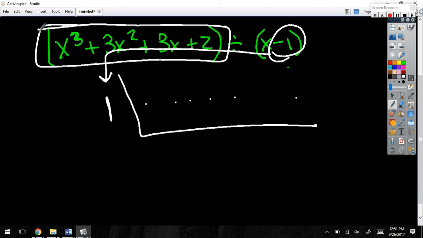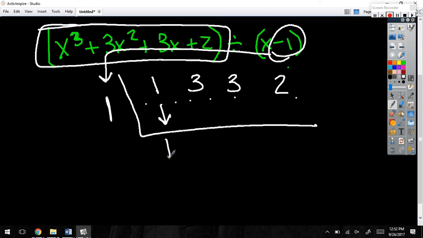So what are my coefficients? 1, 3, 3, 2. Do we all agree? Here's the pattern. Just like long division is a pattern that continues to repeat itself, so does synthetic, okay? Drop the first one.